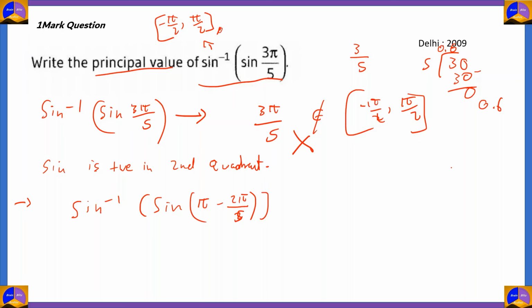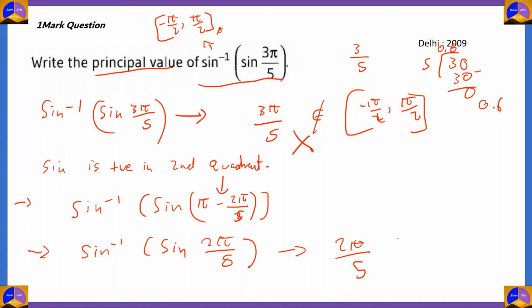So 1 minus 2 by 5 will give you 3 by 5. Similarly, pi minus 2 pi by 5 will give you 3 pi by 5. And the beauty of this is that sine is positive in the second quadrant. So sine of pi minus 2 pi by 5 will also give you sine 2 pi by 5. And sine inverse and sine will now get canceled. So it becomes 2 pi by 5.